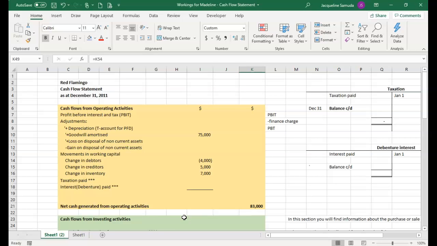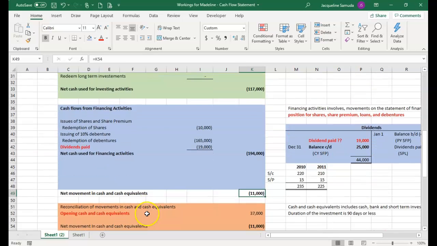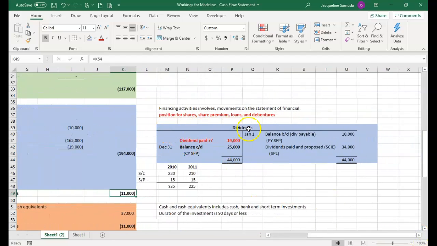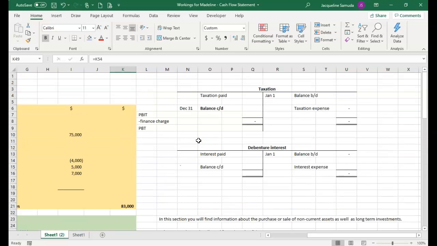Now, just as how we did T accounts to work out the dividends paid, we're going to do the same thing to find the taxation paid and the interest paid.